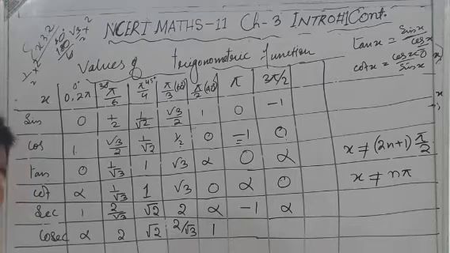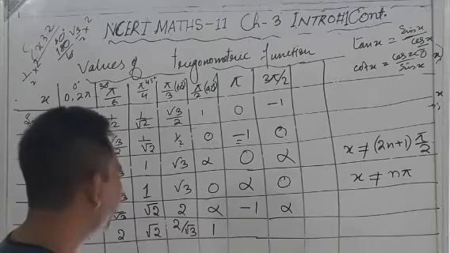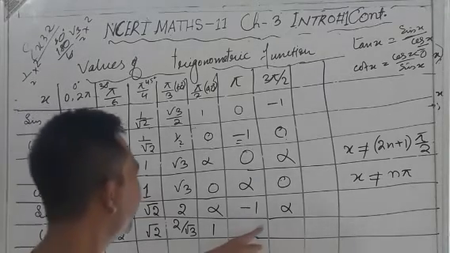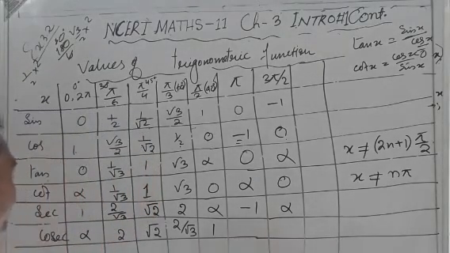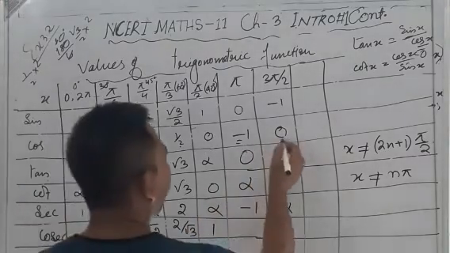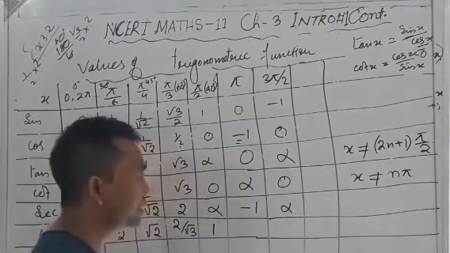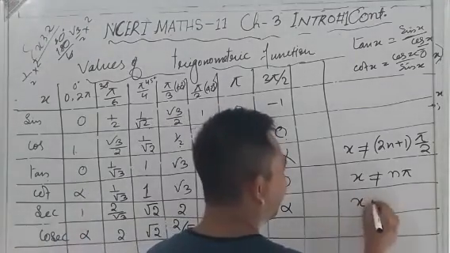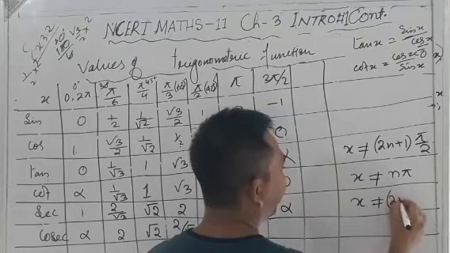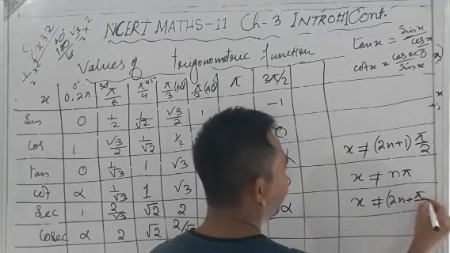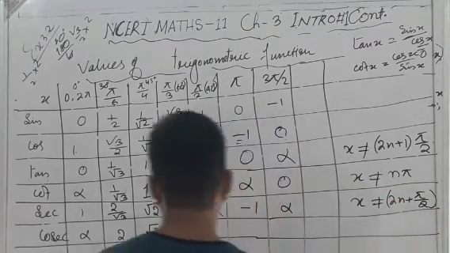So if it is 1 by cos x, and cos is 0, anything upon 0 is not defined. So what is the condition? x should not be equal to 2n plus 1 times pi by 2. Okay.